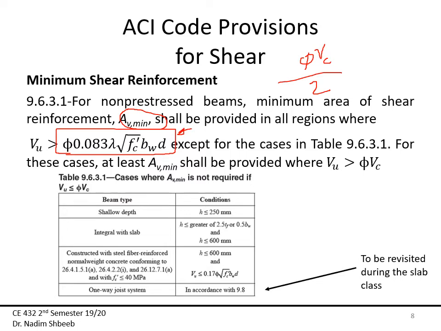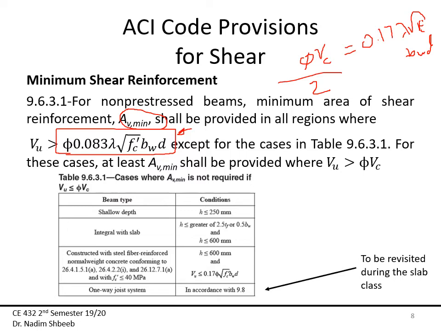So now this is becoming more specific to equation A, which is almost close to 5 VC, because the simple equation was 0.17 lambda square root f prime c b web times d, which is a little bit more than 0.083.